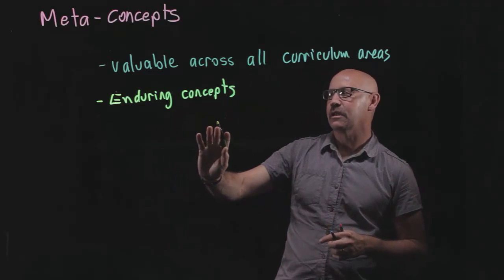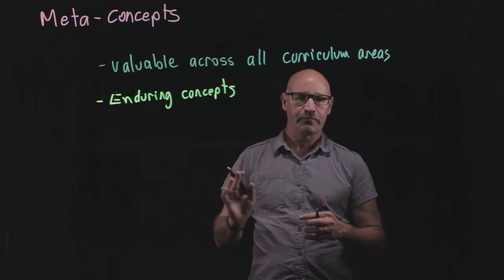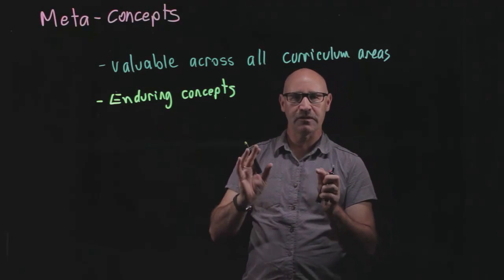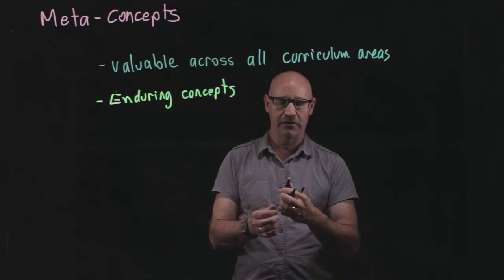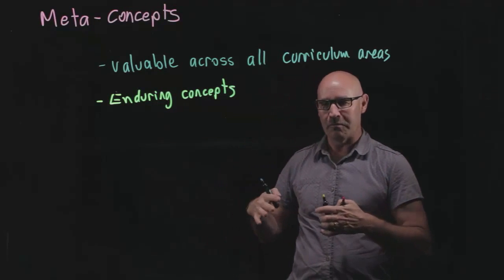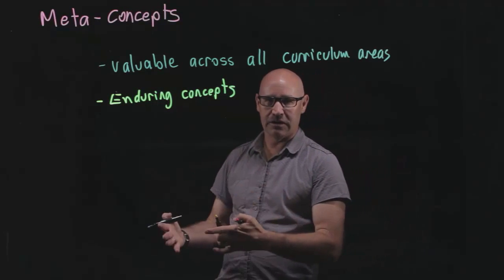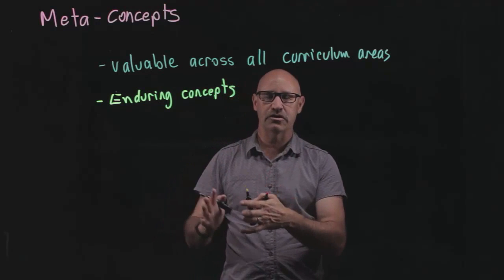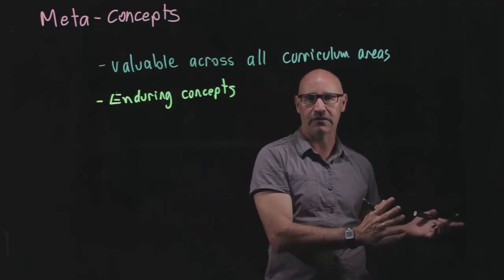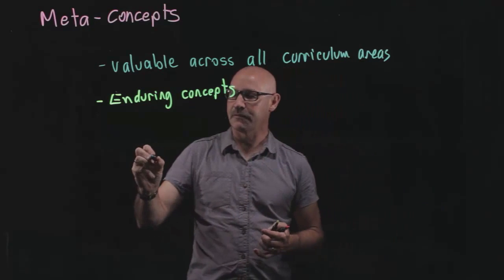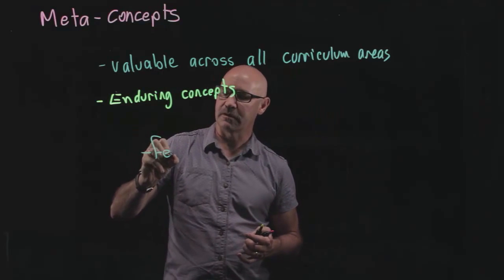The idea with meta concepts is that they are concepts that span different curriculum areas. I will use my curriculum area to teach it, but I will also show the students how it also fits somewhere else. An example of that might be feedback loops.